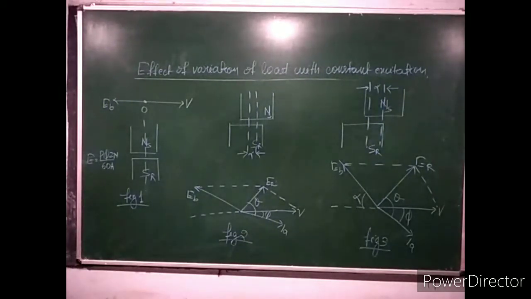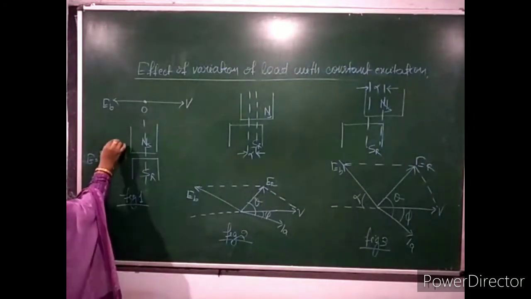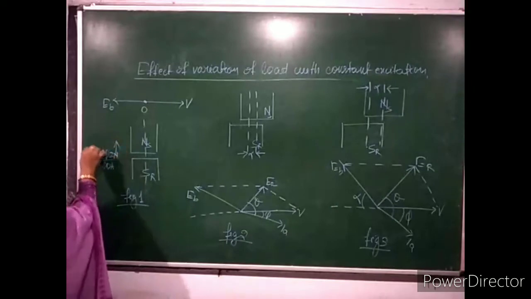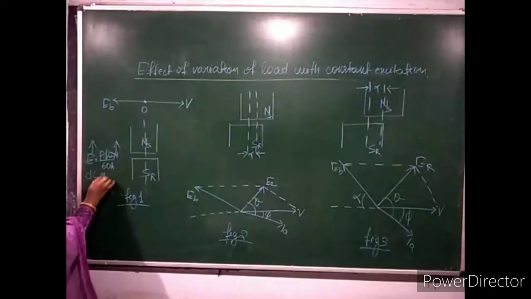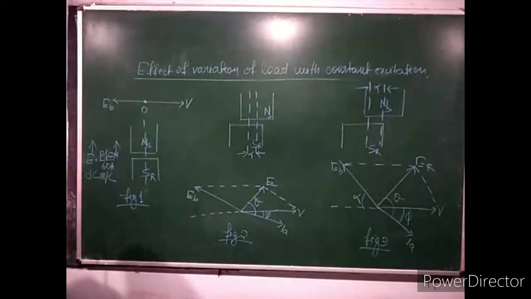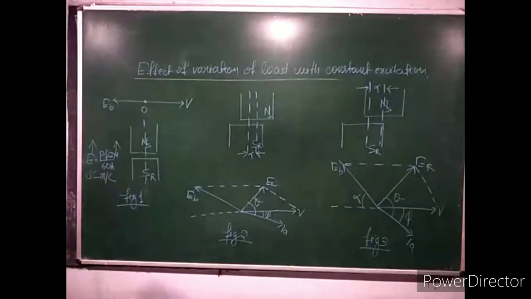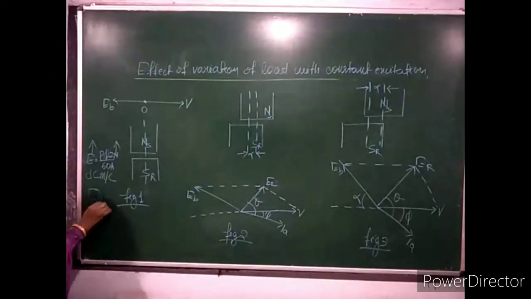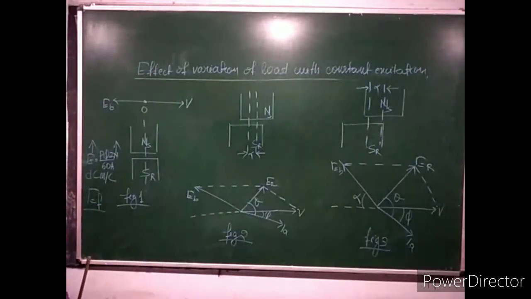If speed increases, back EMF also increases in case of a DC machine, but it does not happen in a synchronous motor, because this back EMF or field EMF depends upon the field excitation, not on the speed. Speed is constant in a synchronous motor.